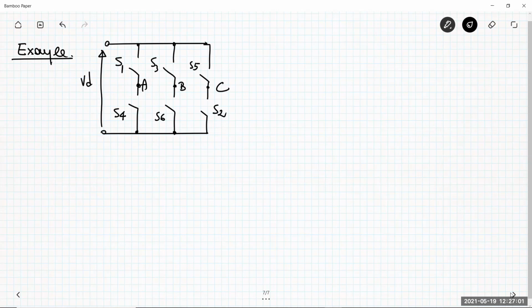Let me choose this definition for the switches of the inverter. Of course, I put here ideal switches; you can have a transistor and then the body diodes. Always remember the standard implementation.